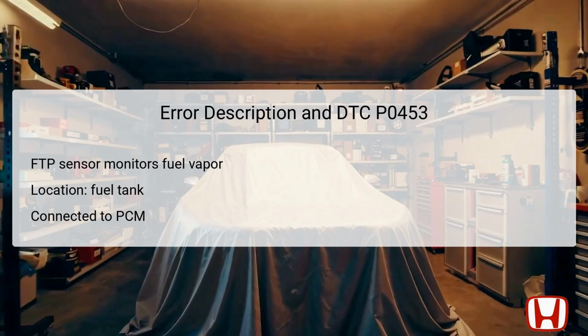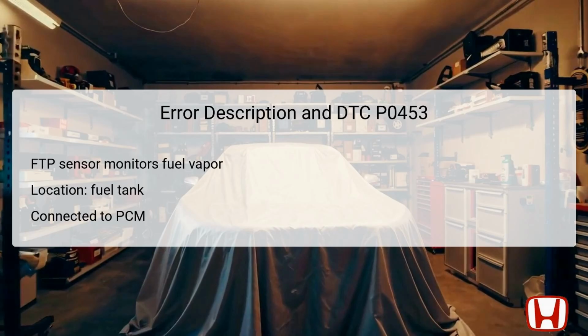When the DTC P0453 is logged, it indicates that the FTP sensor has detected a high voltage condition, specifically overriding the normal operating range. The FTP sensor is typically mounted at or near the fuel tank, connected through a 3P connector to the PCM, which interprets the sensor's signals.